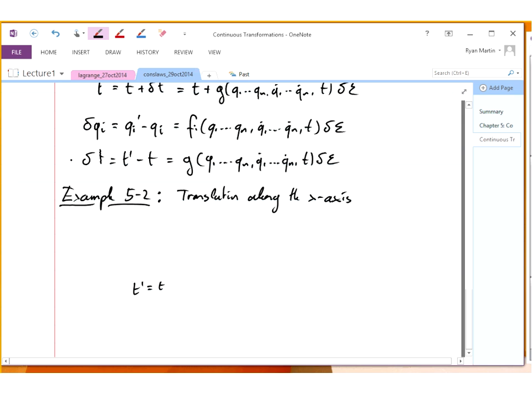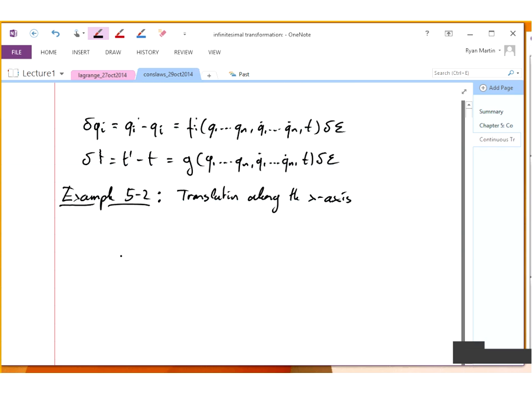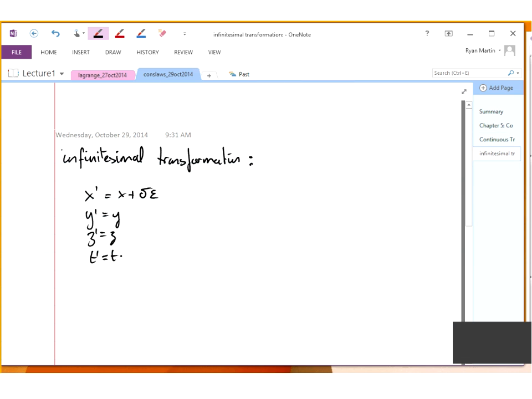So the infinitesimal version, and on the next page, infinitesimal transformation, x prime is equal to x plus delta epsilon, y prime is equal to y, z prime is equal to z, and t prime is equal to t.